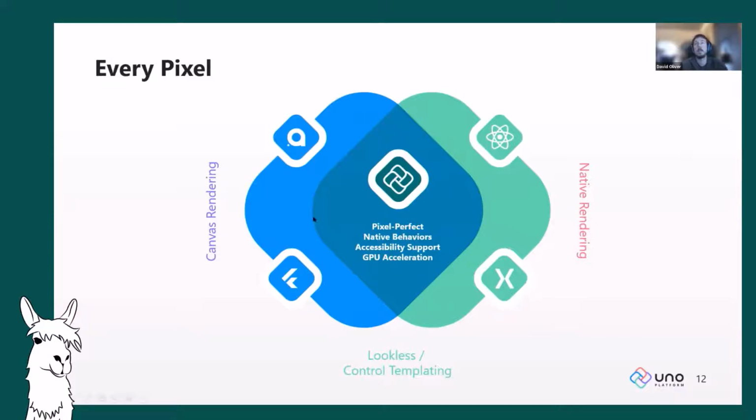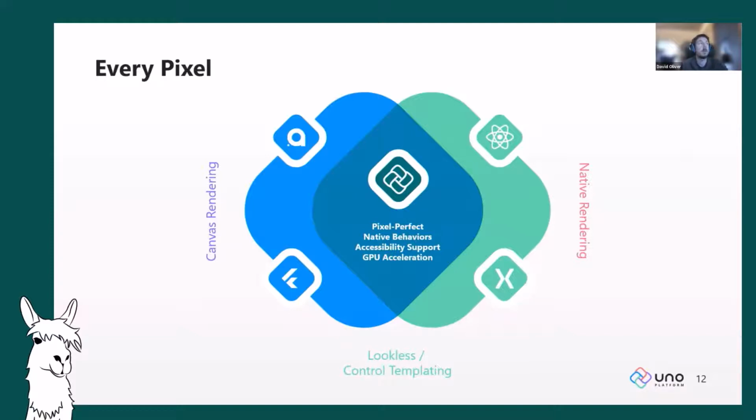Generally, it's an advantage to be able to control every pixel and to have the application drawn on screen exactly as you want it and expect it to be drawn. But the downside, if you take the canvas approach, is that it's then harder to tap into native behaviors of the target platform. So if you want to access native gestures, if you want accessibility support, even something as simple as copying and pasting into a text block becomes that much harder, and you find yourself reinventing the wheel quite a lot.